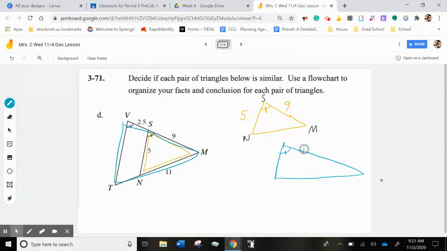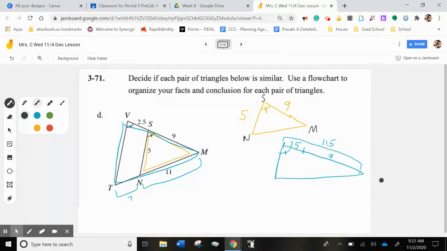This side was broken up into 2.5 and 9, so I could combine, which means I have to add 2.5 and 9 to get that side as 11.5. So can I do that on the other side here? Can I add these two chunks? Well, no, I'm missing part of that. Well, okay, so we've labeled as much as we can.